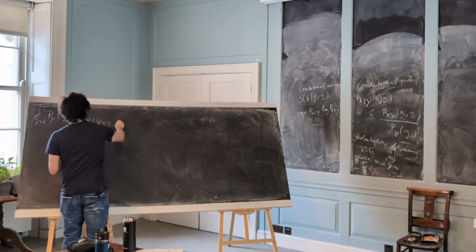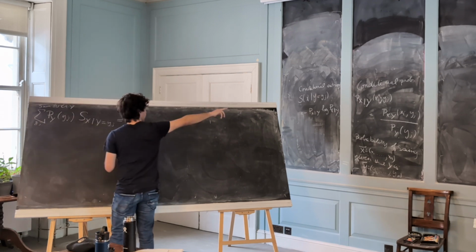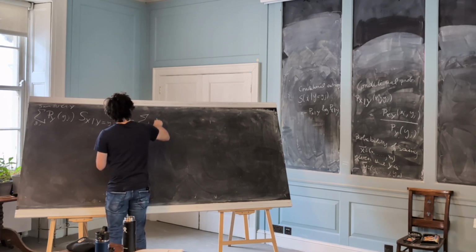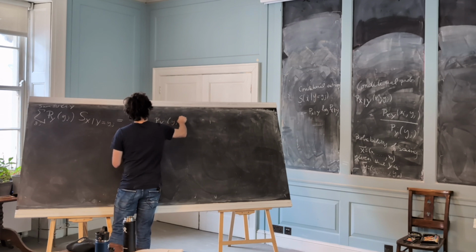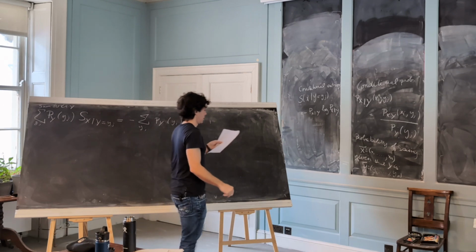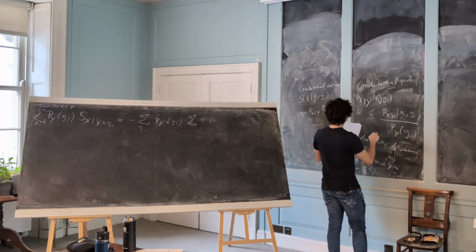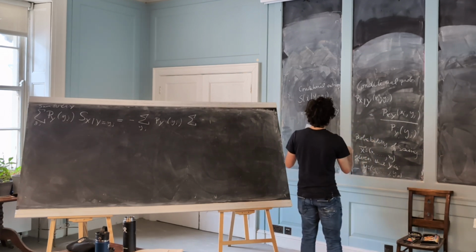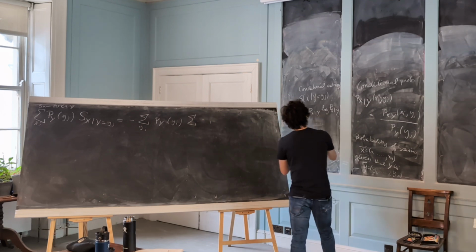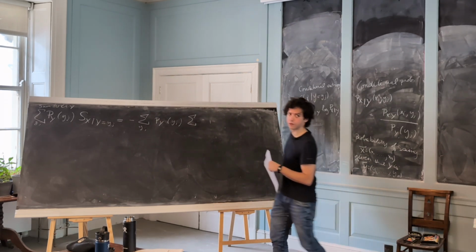Let's do that explicitly. I'm going to use my handy dandy formula over there. So this is the sum over the Yj's, P_Y of Yj, sum over, yeah, sorry, this should have been a sum over X, right? Because it's an entropy.